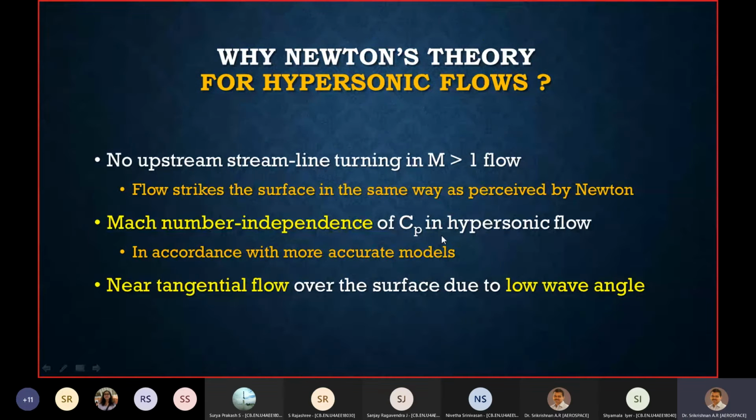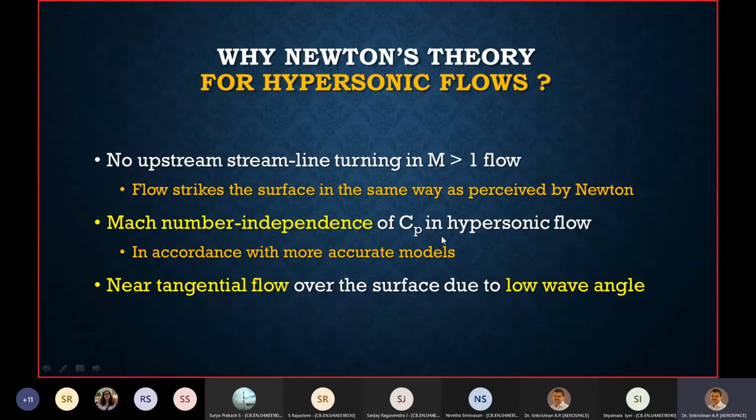So why are we extending it to hypersonic flows, or why does it suddenly become applicable at hypersonic flows? There are a few reasons for that. I would consider that the combined effect of the 3 points I have listed here is the defense for the argument of extending Newton's theory to hypersonic flows.